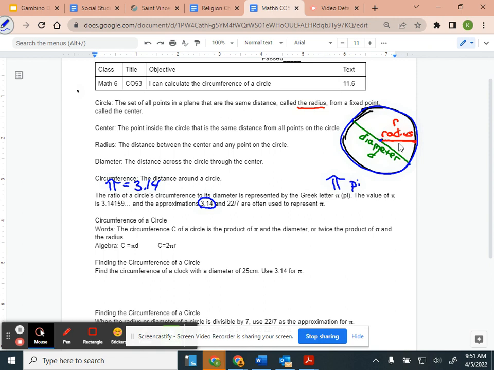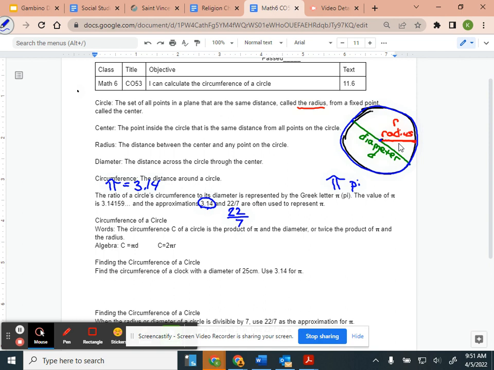My goodness. So we're going to be in our workbook pages. They have us just multiplying by 3.14. We could also, if it's easier to do fractions with the problem we're given, 22/7 is the equivalent fraction for 3.14.